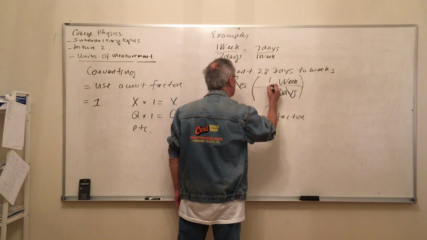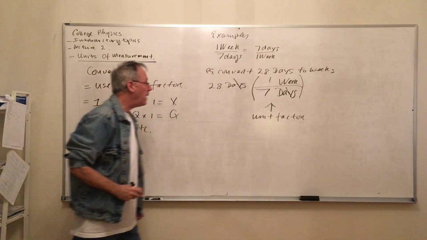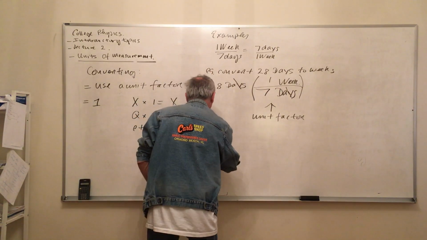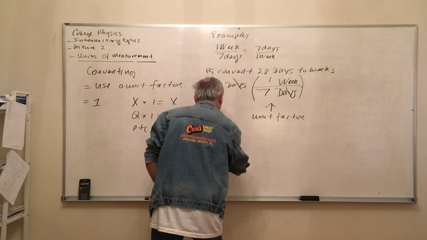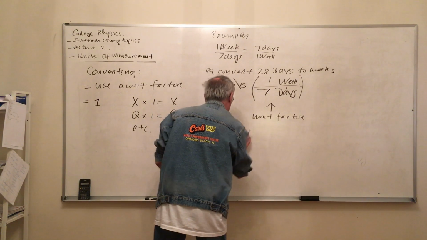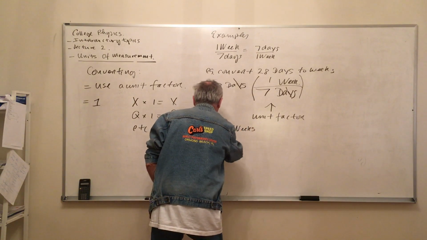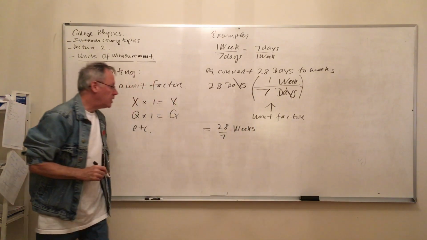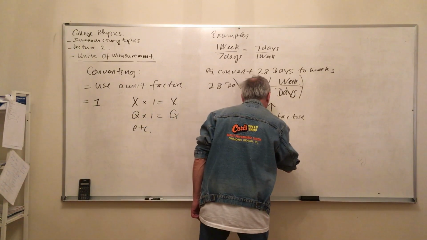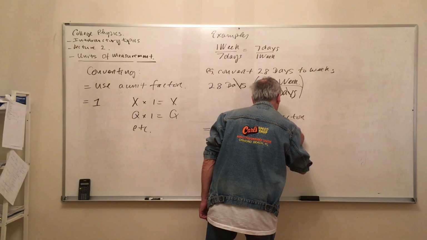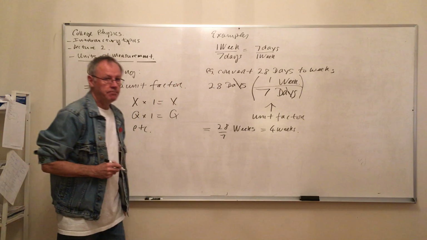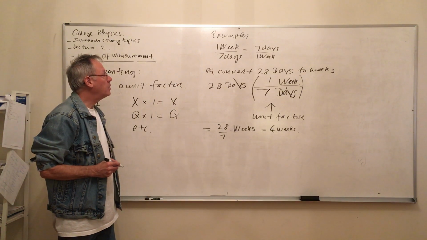So 1 week is 7 days. That's the unit factor. The days are gone. So we get 28 over 7 weeks, or 4 weeks. That's an example of a unit factor.